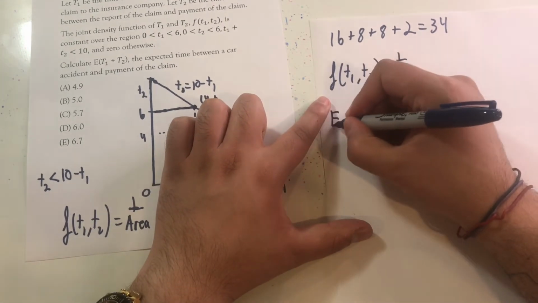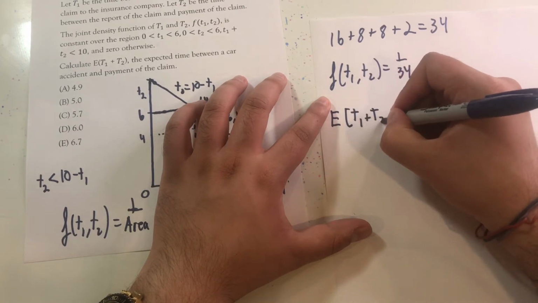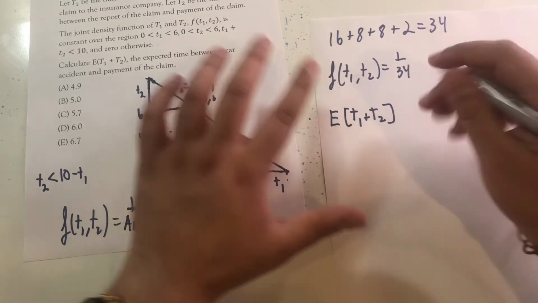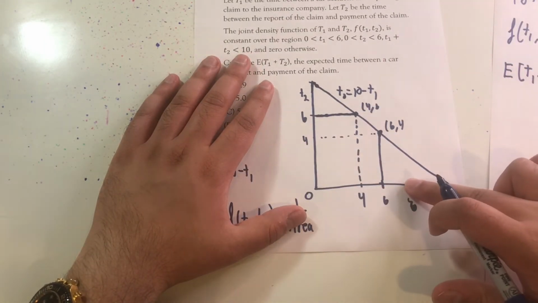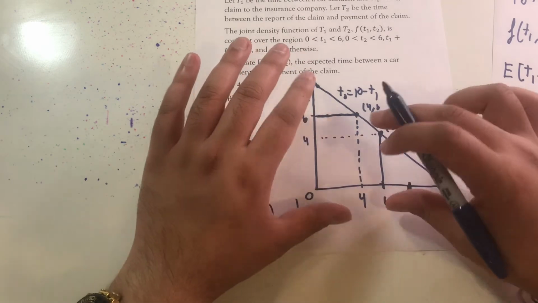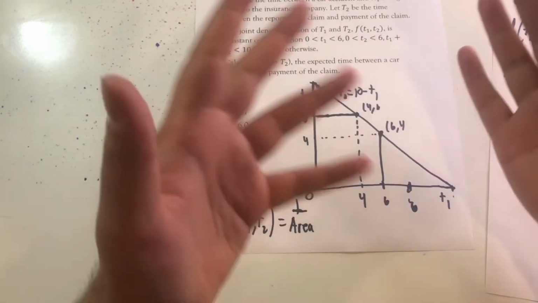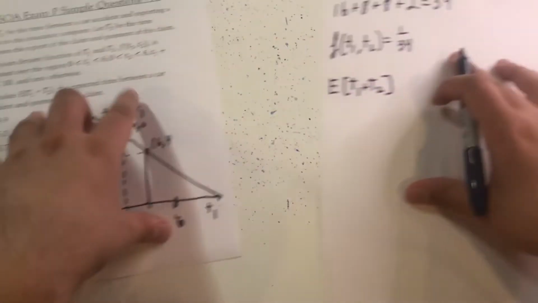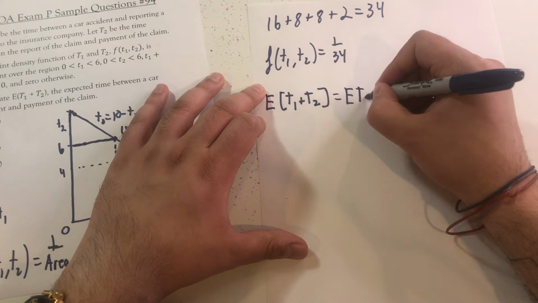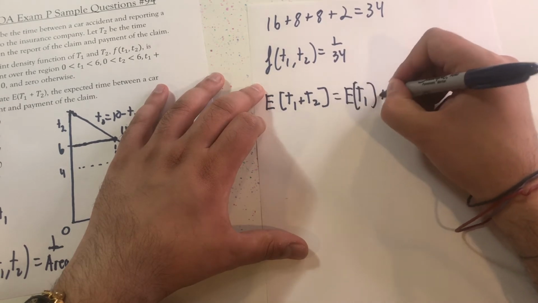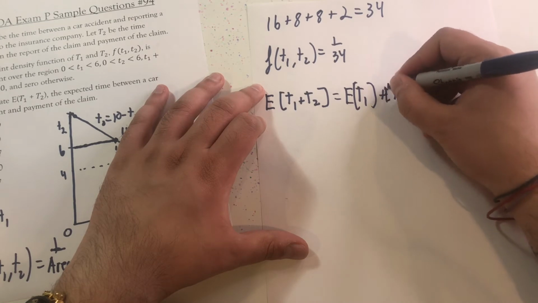My expected value that I'm looking for is the following: T1 plus T2. Now, one thing I want you to notice about this graph is that it is symmetric, okay? If I were to switch my x's and y's, it would look the exact same, all the numbers would be in the exact same place. I can split this up. This is the expected value of T1 plus the expected value of T2.